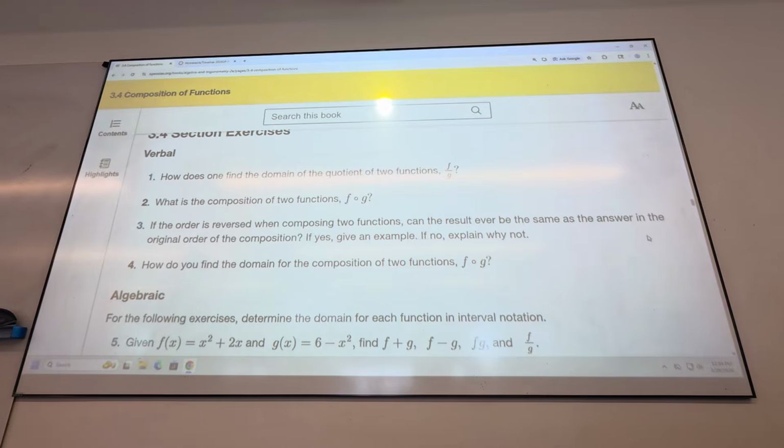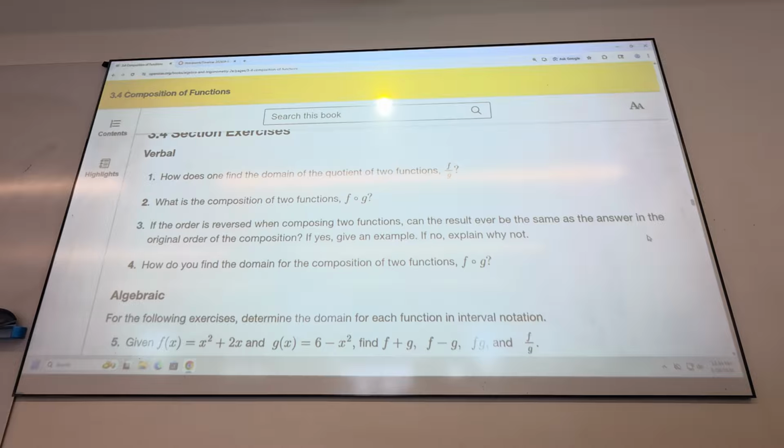What's a better way to say it? How do you say that? Anybody? Does anyone know how to rewrite that? What does a little O mean in the middle? Yes, F of G. So the right way to rewrite that is F of G.